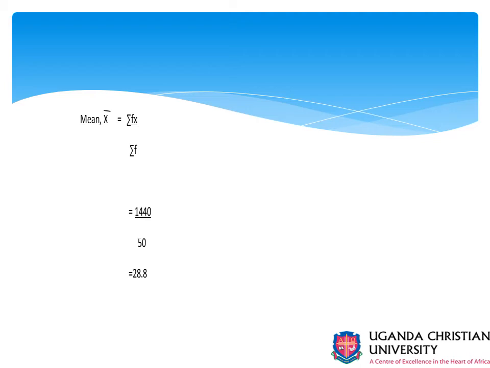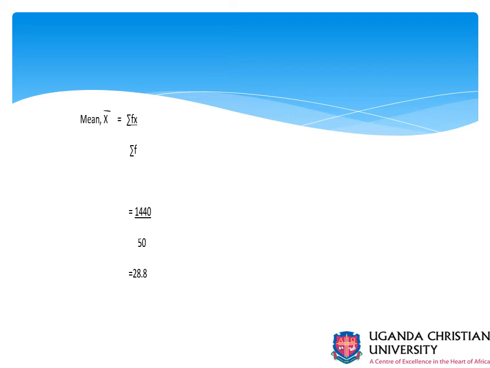So the sample mean in this case is going to be given by the sum of the product of frequency and midpoints divided by the sum of frequencies. Then after dividing, we got 28.8 as our mean. So on average, a Centenary Bank customer was age 28, or you can say 29 when rounding off.